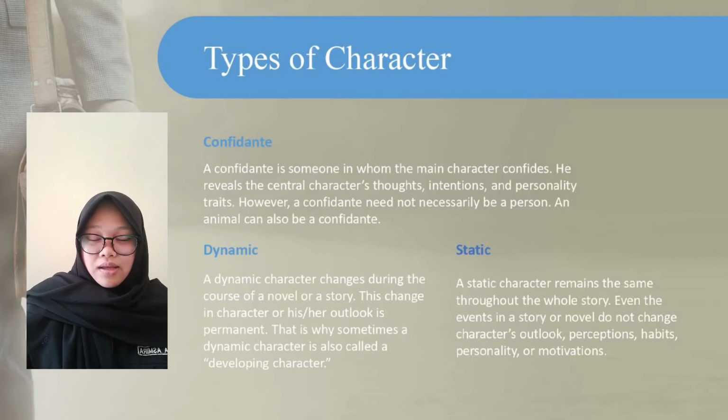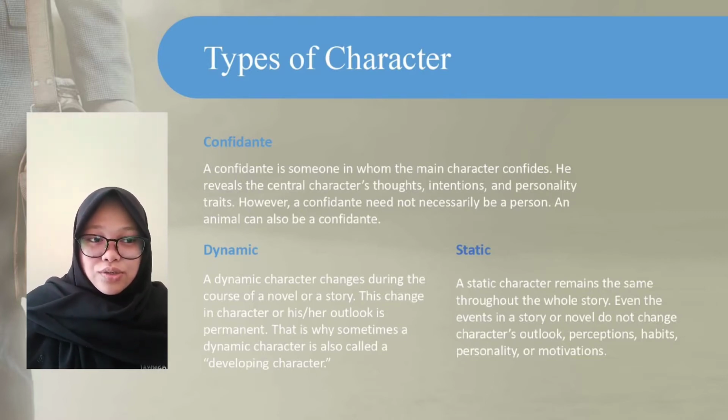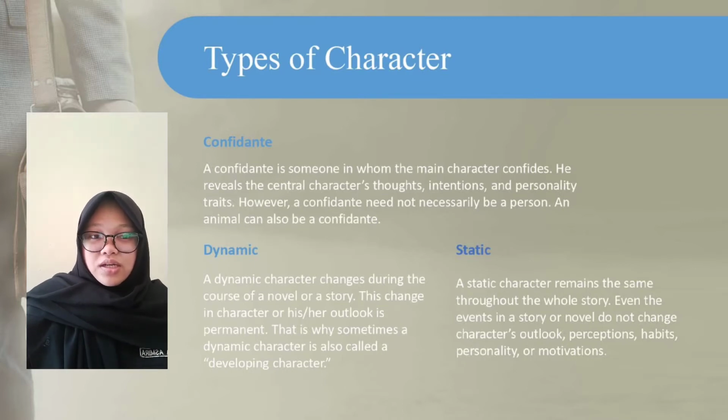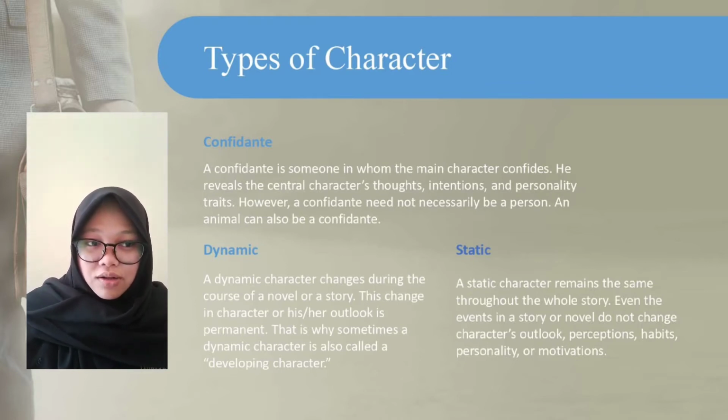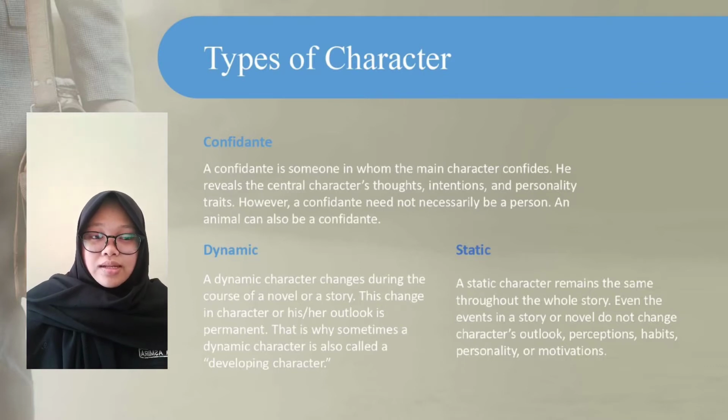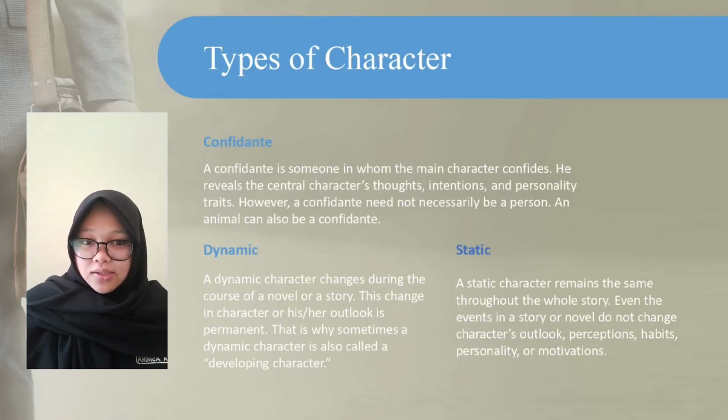Next is dynamic. A dynamic character changes during the course of a novel or a story. This change in character or his or her outlook is permanent. That is why sometimes a dynamic character is also called a developing character.